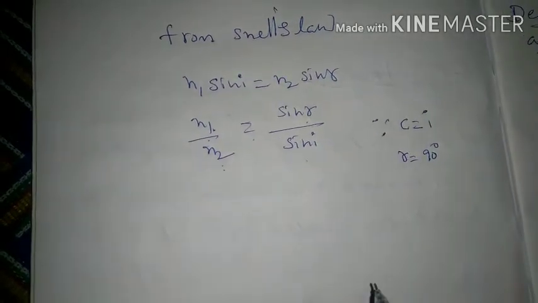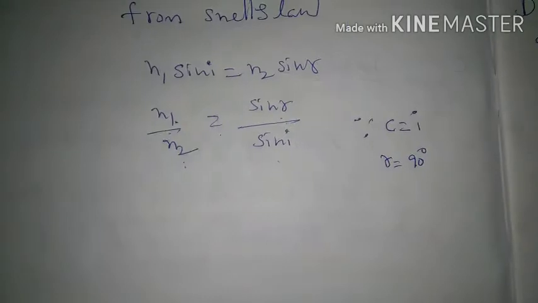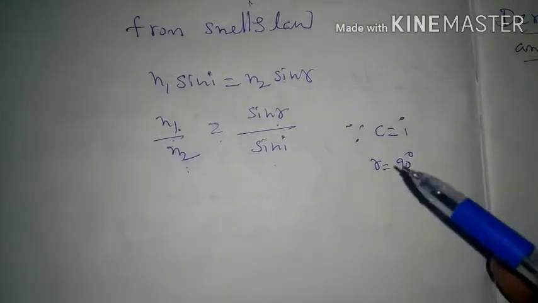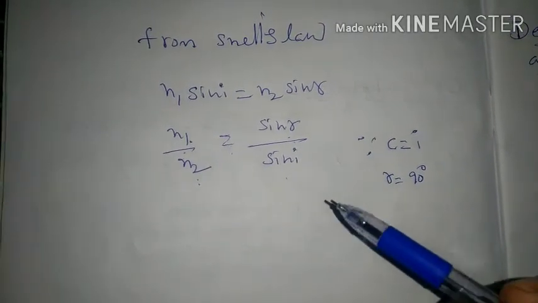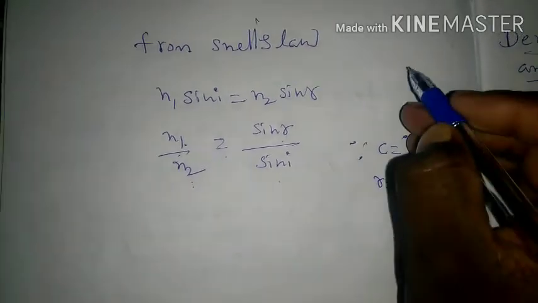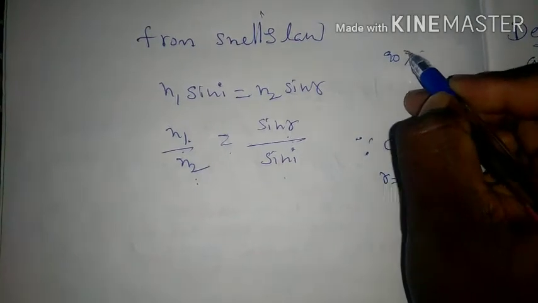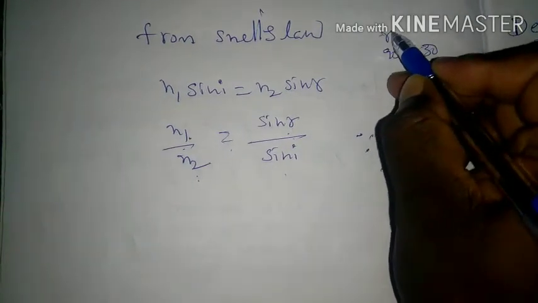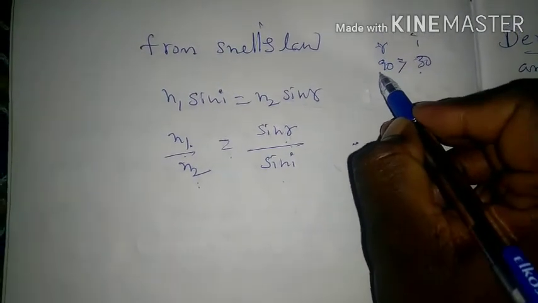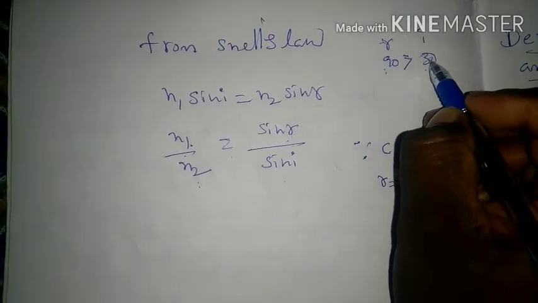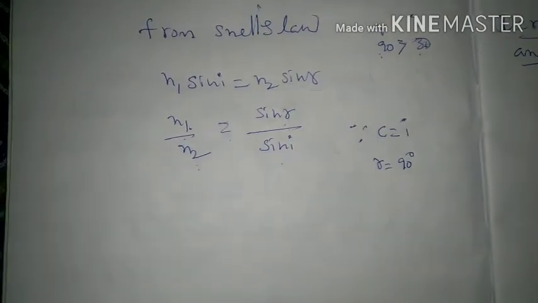Already told, the angle of refraction is more than the angle of incidence. For example, R value 90 and I value 30: the angle of refraction is more than the angle of incidence. So R is equal to 90 degrees.